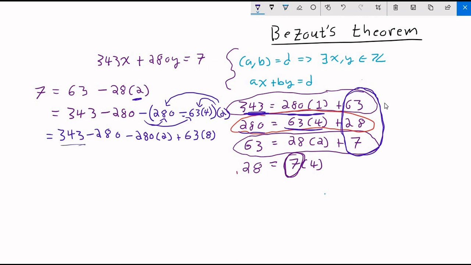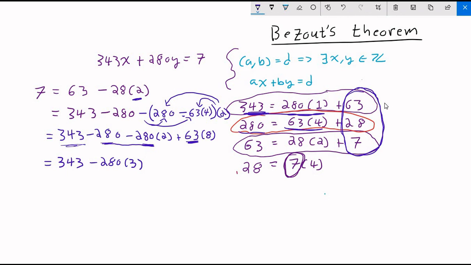Most of these numbers look to be in some form of 343 and 280. So I'm going to combine these 280s, so subtracting 280 and subtracting another two 280s gives me a total of 343 subtract 280 multiplied by 3. And finally, I want to rewrite 63 in terms of 343 and 280. And again, we saw this from our very first equation, the very first setup.